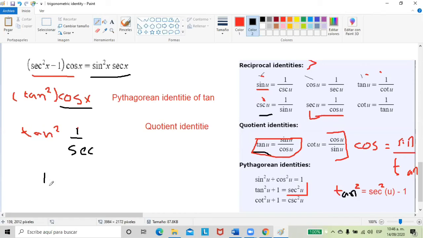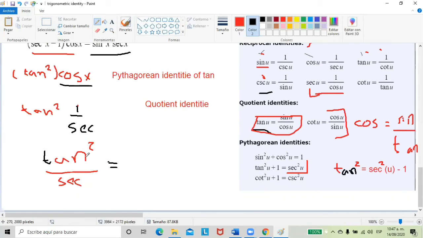So we have tangent square over secant. So tangent is equal to sine over cosine, right? So if we have a square, we need to write square the identity too. So sine over cosine.